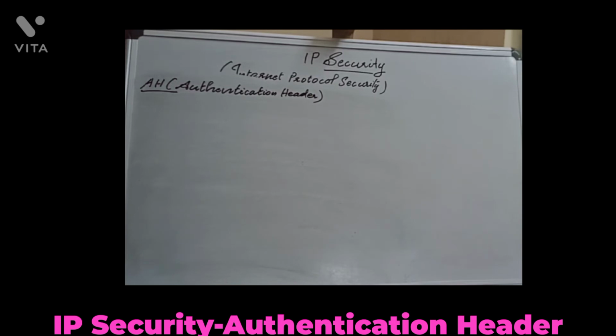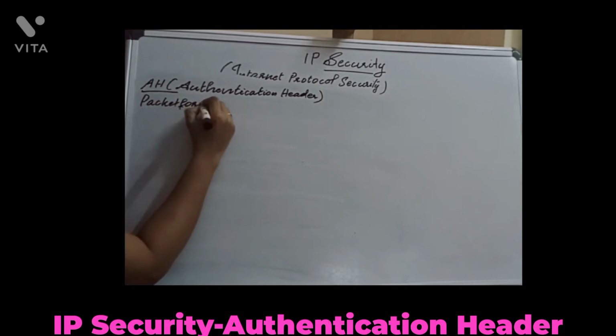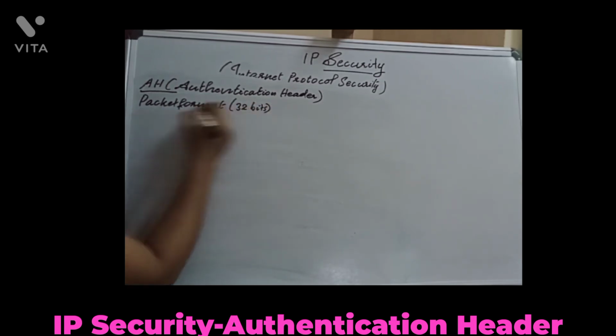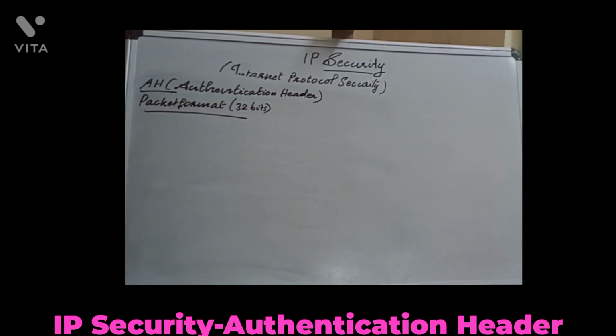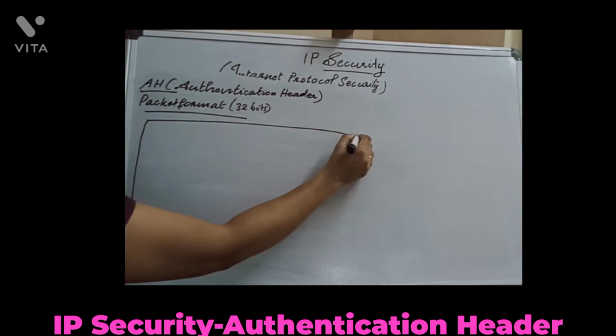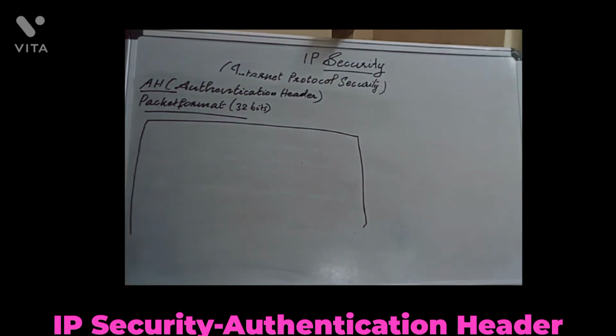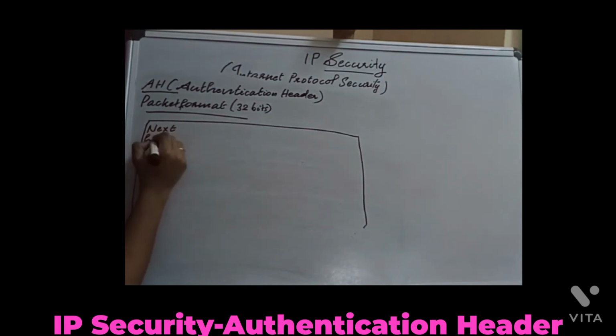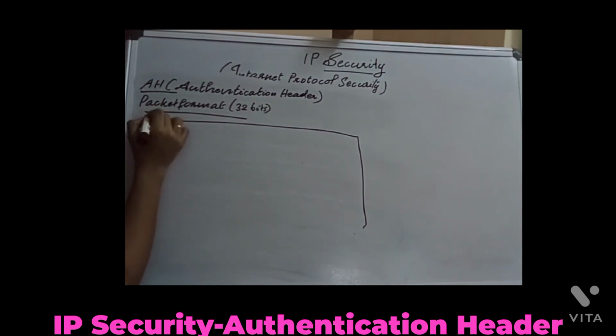Authentication header. First, we'll see the packet format of the AH protocol. The size is 32-bit. The first field is next header.